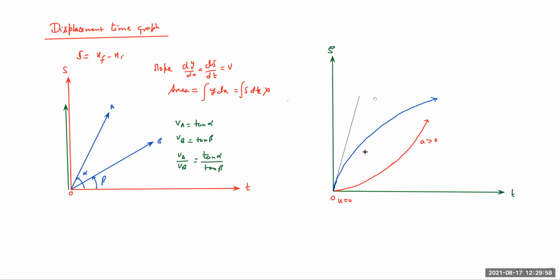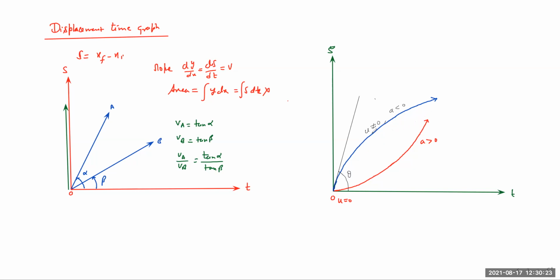You can see that even at t equals 0, if you draw the tangent, it is not 0. In fact, it is having some value. And therefore, the journey of this blue line is starting from some non-zero value, but the acceleration is negative. So you're actually slowing down. How can we say this?